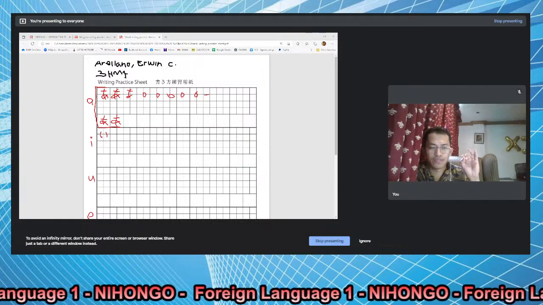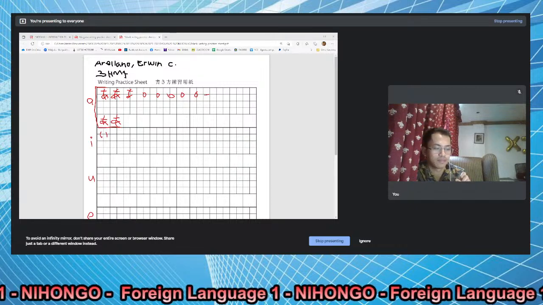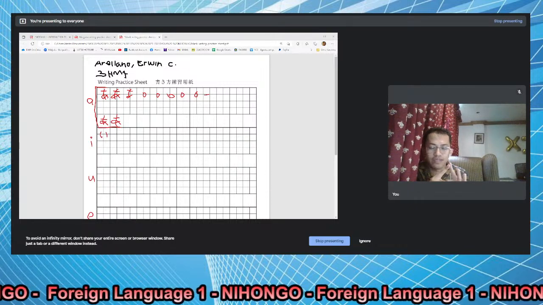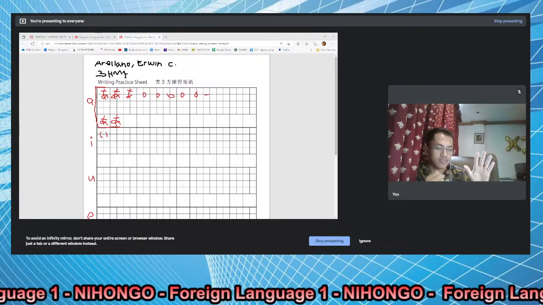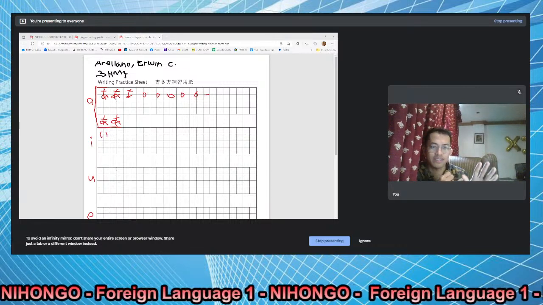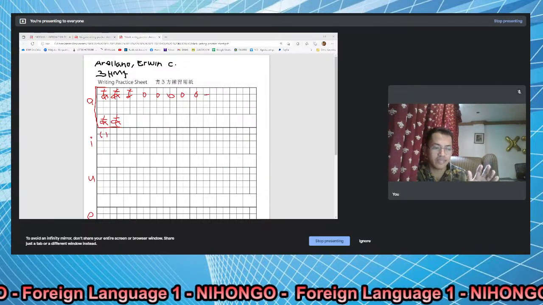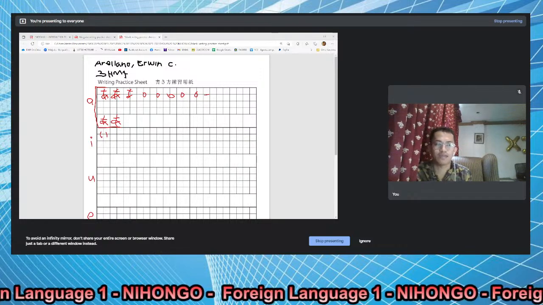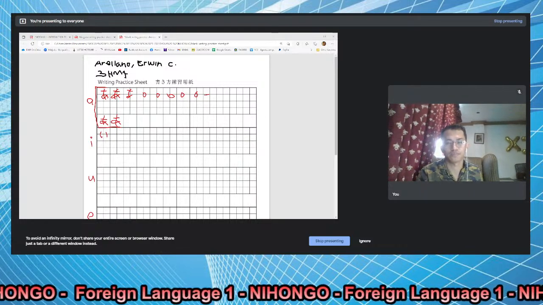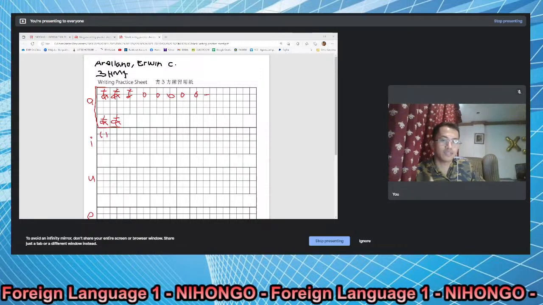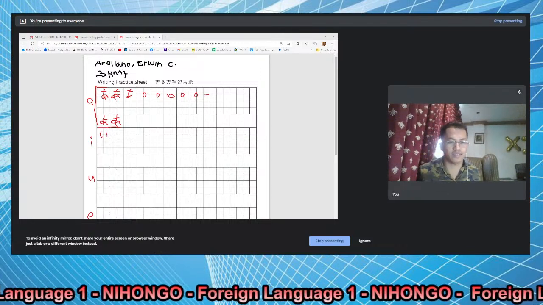Tapos yung vowel series, sa series, za series, tapos ka series, ga series, and the vocabulary words from the series. From vowel, K, at saka S series.